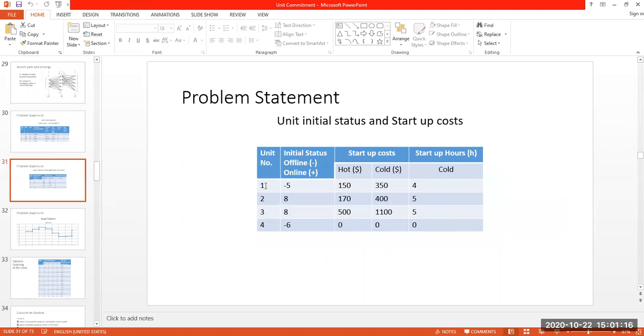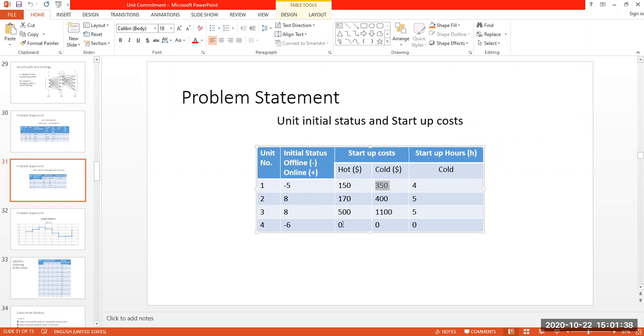With unit number 1, I have to repeat one thing: in this case, we are considering that all the startup costs are cold start cost. We are not considering the hot start cost, only the cold start cost. So for starting up any unit, we simply take this value from this column.